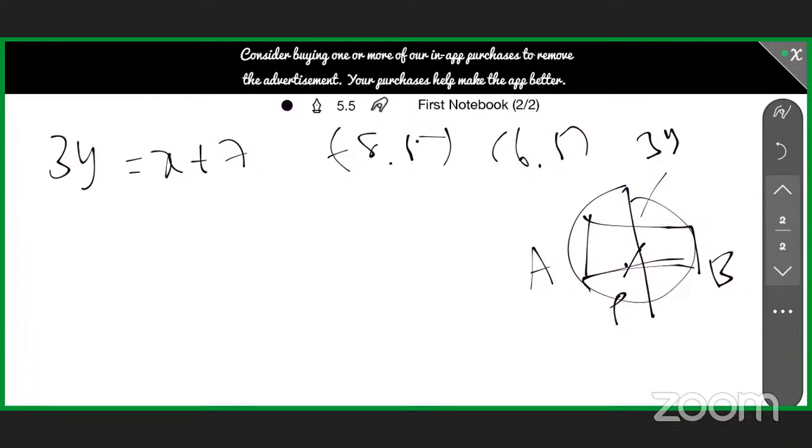Once we find that P, from there we'll draw the perpendicular, and we will find the center of this circle. The center of the circle lies on the given line, 3y is equal to x plus 7.